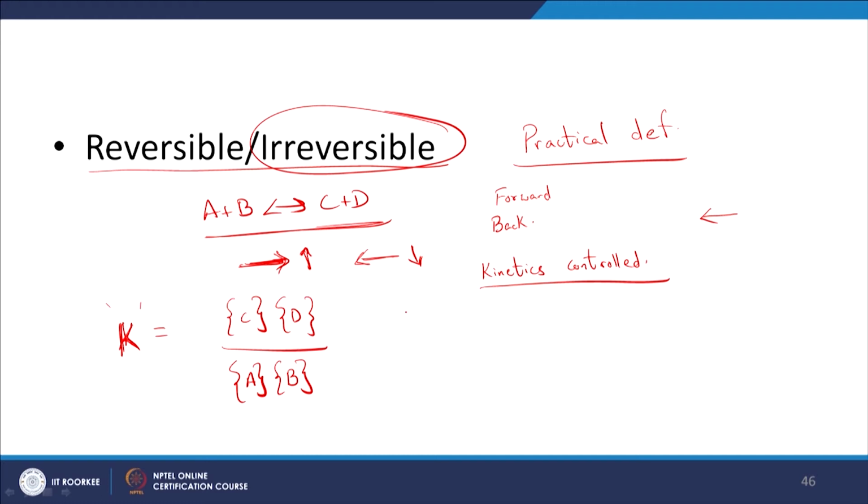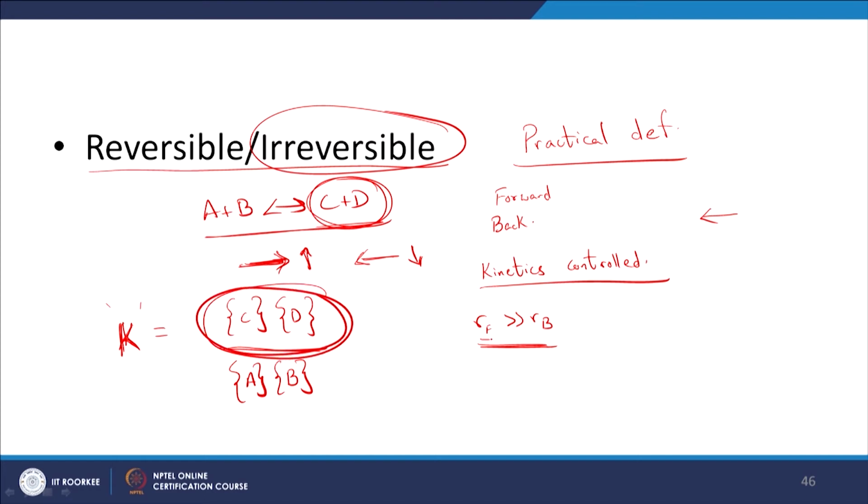So let us say the rate of the forward reaction is far greater than the rate of the backward reaction. What does that mean? It means that C and D are going to be at remarkably higher concentrations. Again these are parallel reactions, so we look at branching and selectivity here more or less; we do not need to go into that in greater detail. So when somebody says that this particular system is irreversible, it means that the numerator is remarkably high.